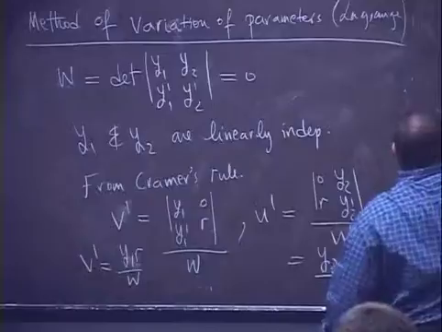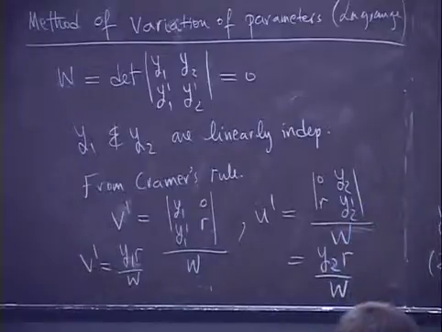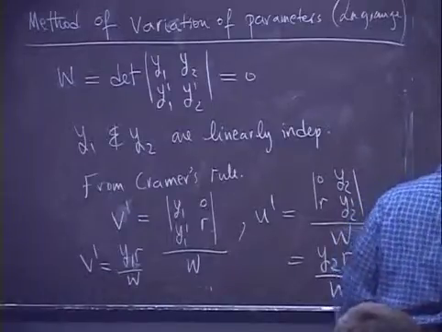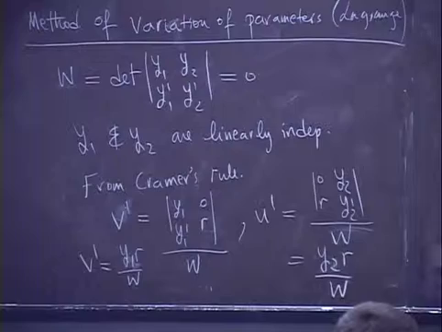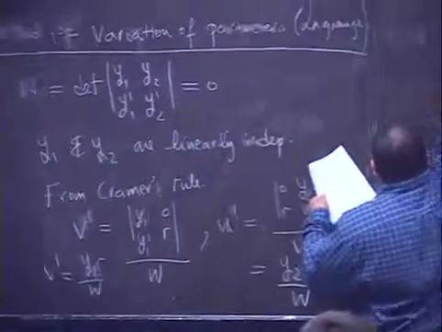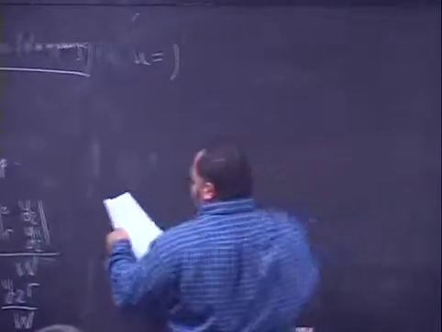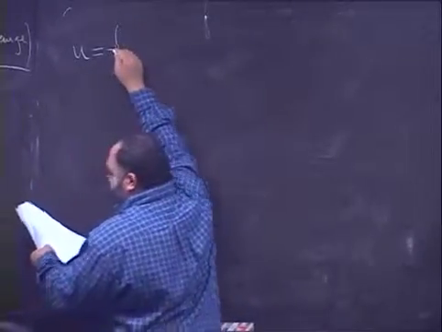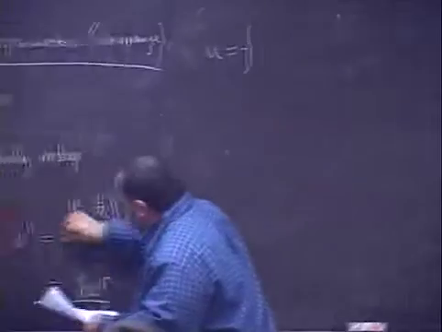How do you calculate u and v from those? Those are the u prime and v prime. How will you calculate u and v? Integrate. So u will be just the integration of what? U prime has a negative sign here.